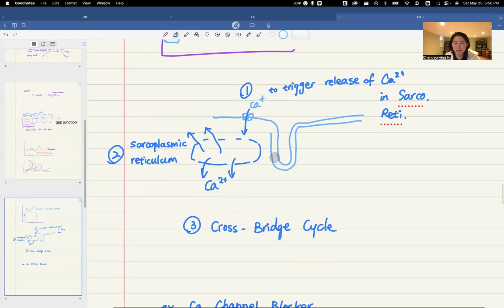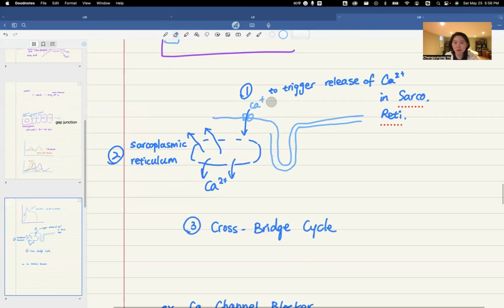And this is what happens in the heart muscle. A little bit of calcium is moving into the cell, and then it signals the sarcoplasmic reticulum, the smooth muscle, to release more calcium.